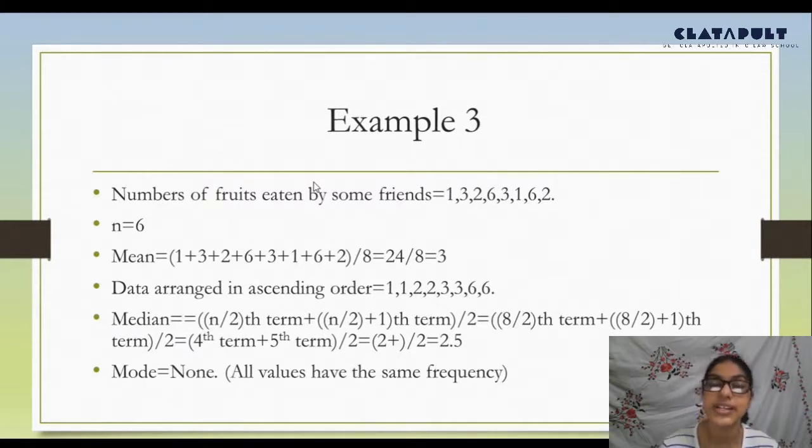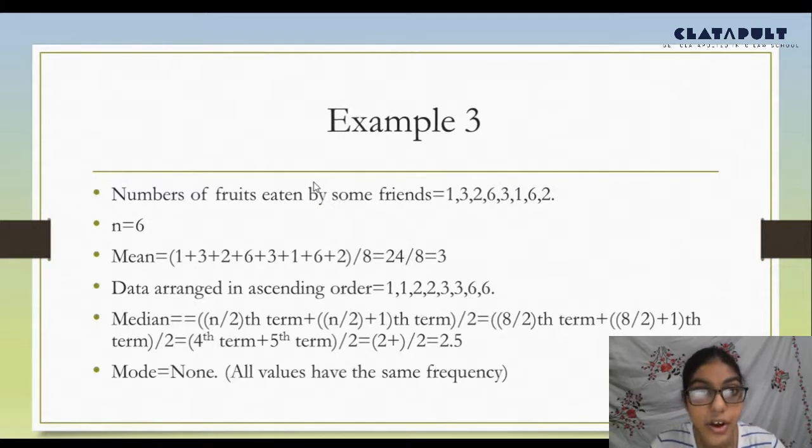Now we arrange the data in ascending order, which gives us the arrangement 1, 1, 2, 2, 3, 3, 6, 6. Now we again find the median. Since this is again an even arrangement of data, we will have two values in the middle, which we will take out, and then we will take out their arithmetic mean, and the result to that will come as 2.5 in this case, as the calculation has been given in the presentation itself.